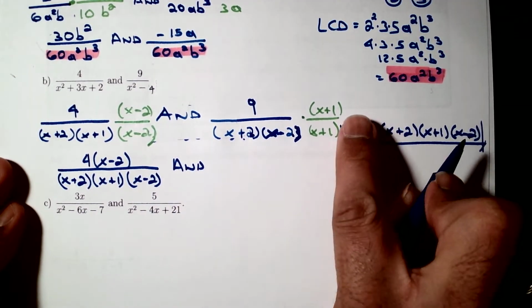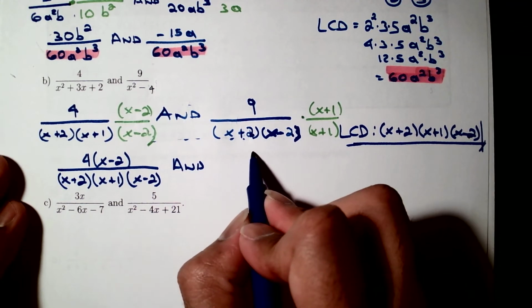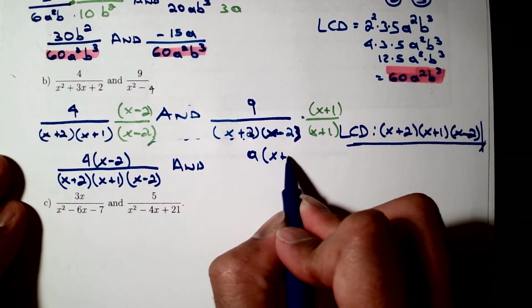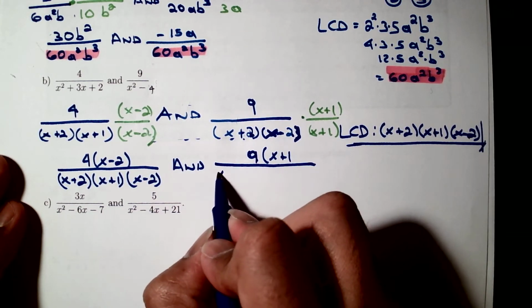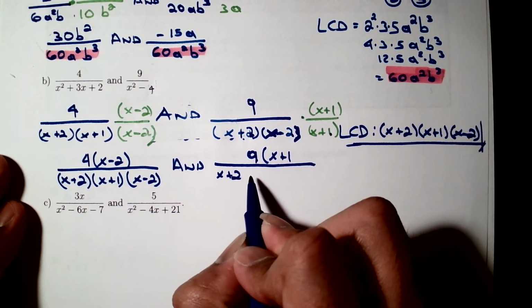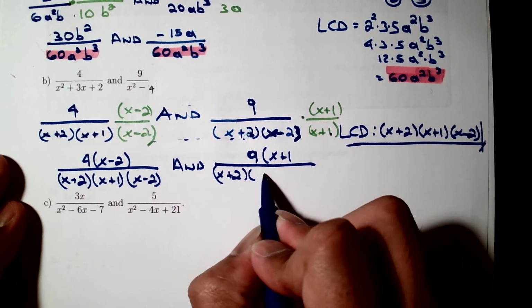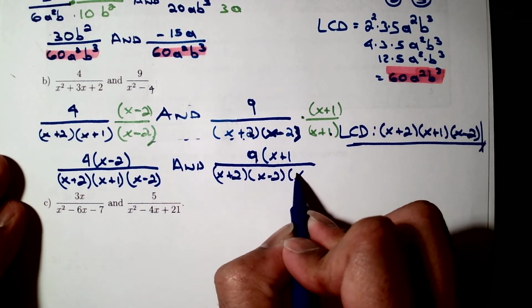And for the second fraction, we are going to have 9 times x plus 1, x plus 2, x minus 2, x plus 1.